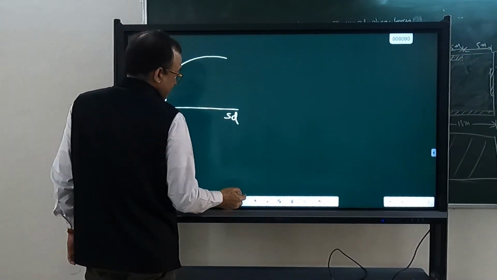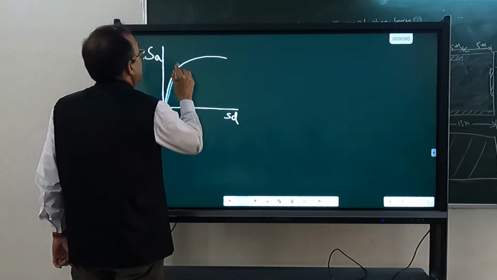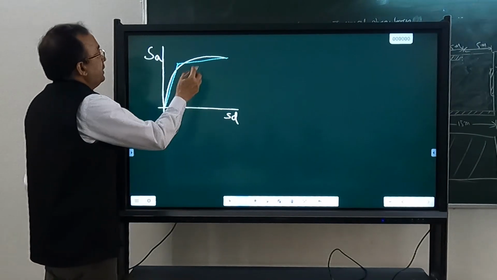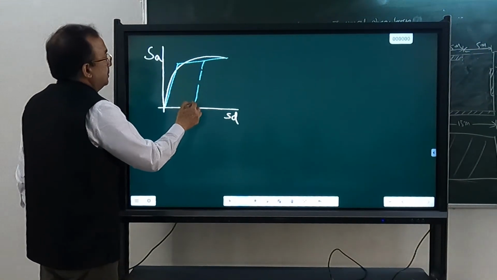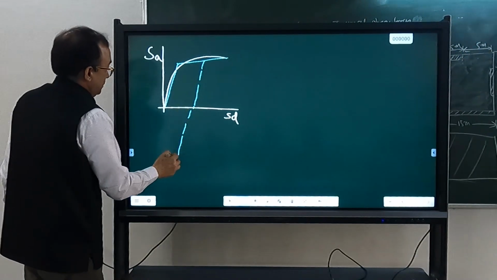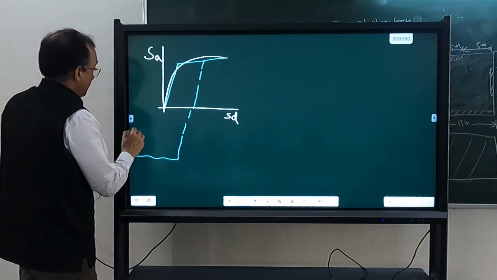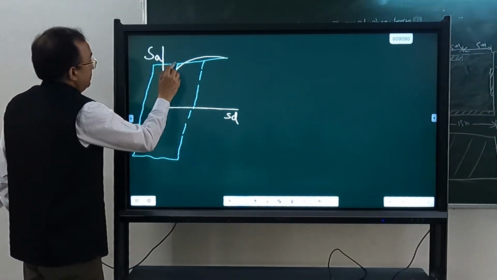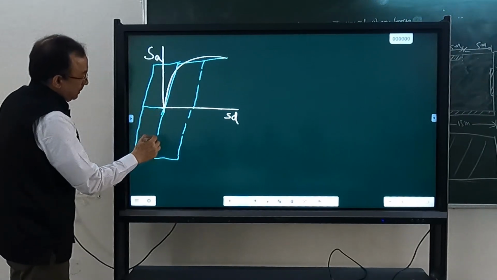We will represent it by the equivalent bilinear. Now at any displacement, the hysteretic loop will be like this. Now you can get this area easily.